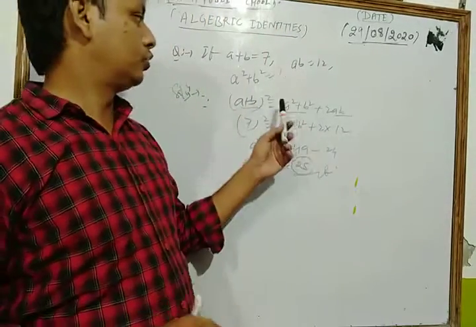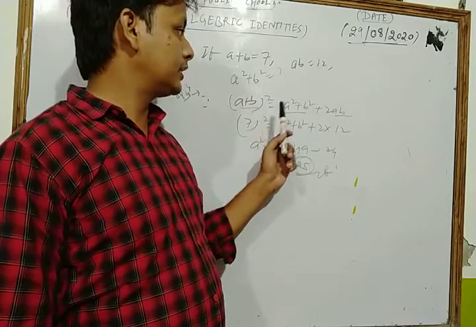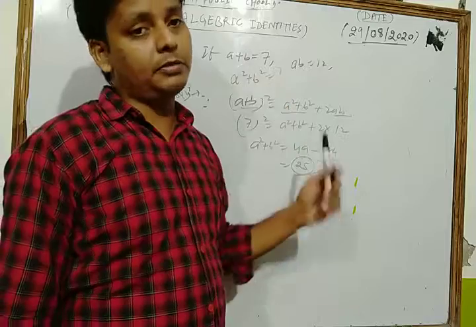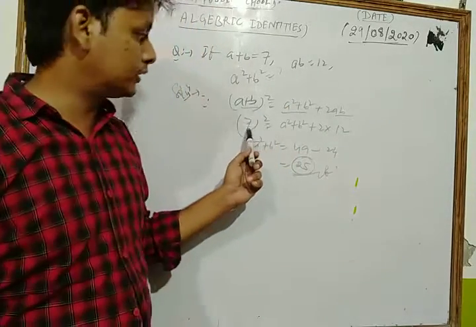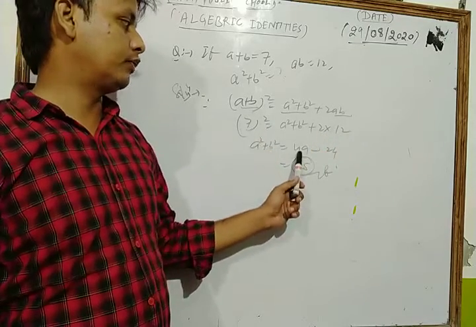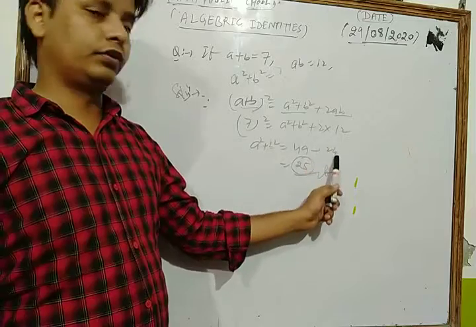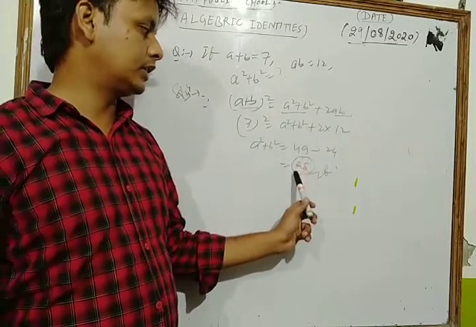So we put 7 square, and the value of ab as 12. 7 square is 49 and 2 twelves are 24. Now 49 minus 24 is 25.